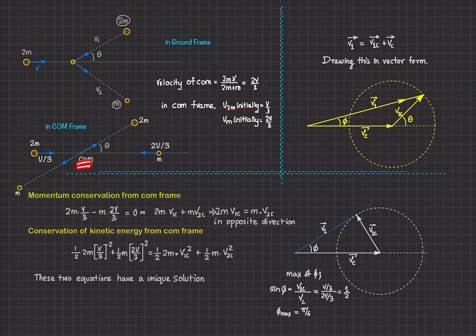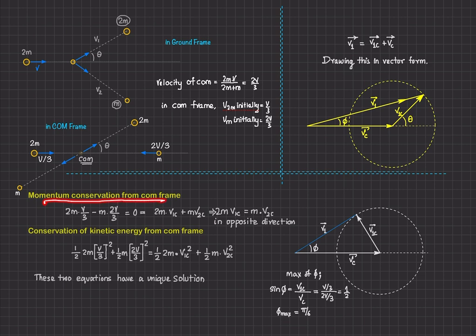For the velocity of 2m, we subtract the velocity of center of mass from its velocity with respect to ground. The velocity of 2m is v by 3 and the velocity of m comes to be 2v by 3 in the COM frame. So when we sit here and analyze, the velocity of 2m is towards the center of mass, and the velocity of m is also towards the center of mass, but their values are v by 3 and 2v by 3.